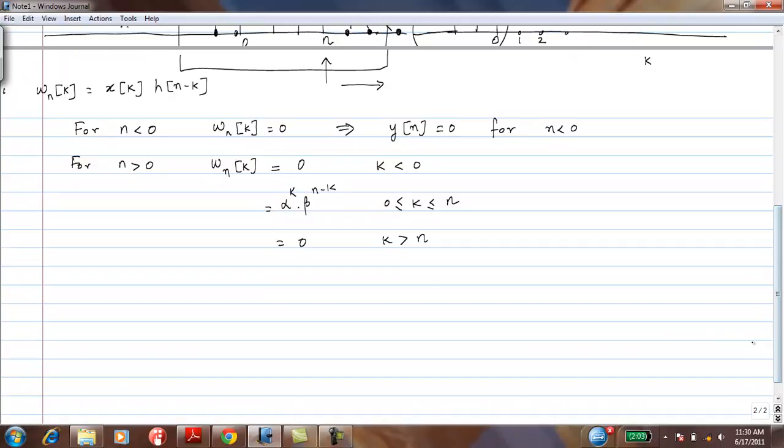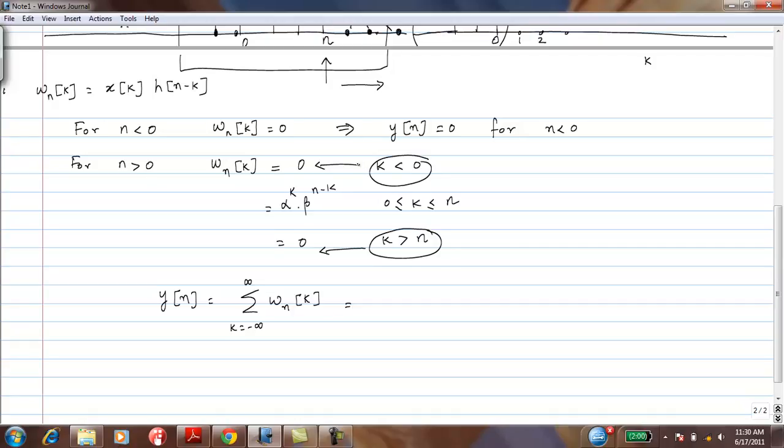Okay. Now in order to find y of n, we need to sum wn of k for values of k from minus infinity to plus infinity. But I just figured out that wn of k is 0 if either k is less than 0 or k is greater than n.